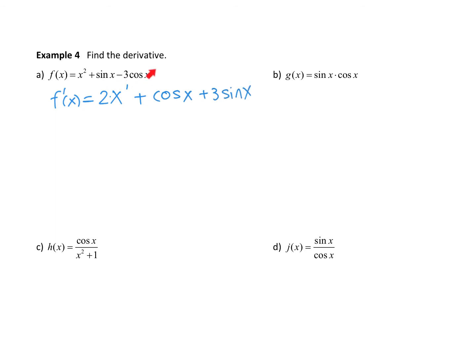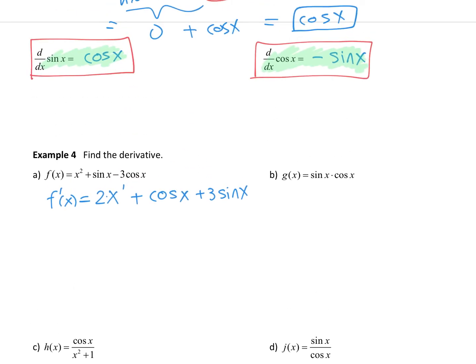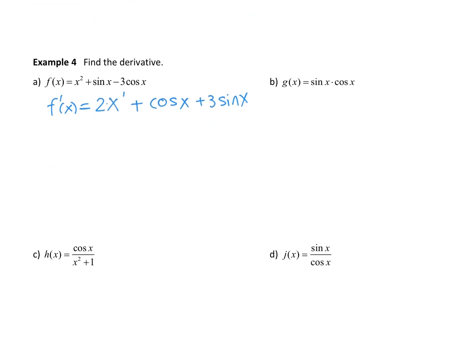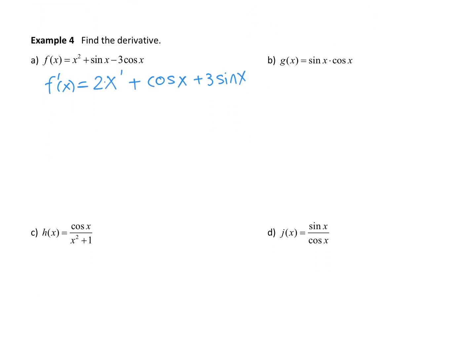So as you can see, sometimes I forget the negative for cosine. So just remember that the derivative of cosine has a negative in it. And later on, you'll realize that for a trig function that starts with cos something, the derivative will have a negative sign in it. So just remember that.